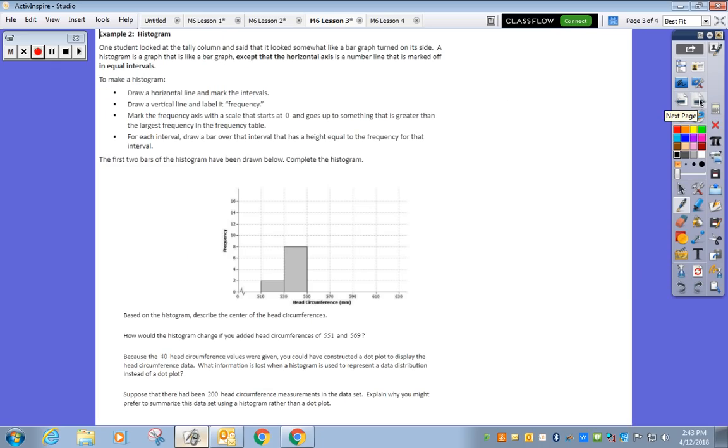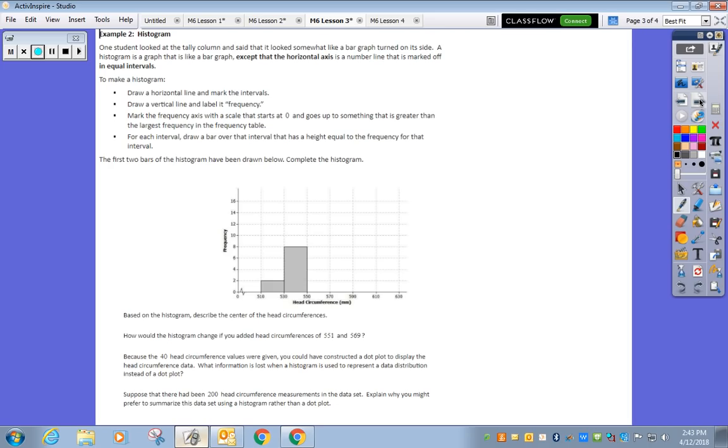Okay, so the next piece is that we are going to look at how we can take our frequency table into a histogram. One student looked at the tally column and said it looked somewhat like a bar graph turned on its side. A histogram is a graph that is like a bar graph, except that the horizontal axis is a number line that is marked off in equal intervals.